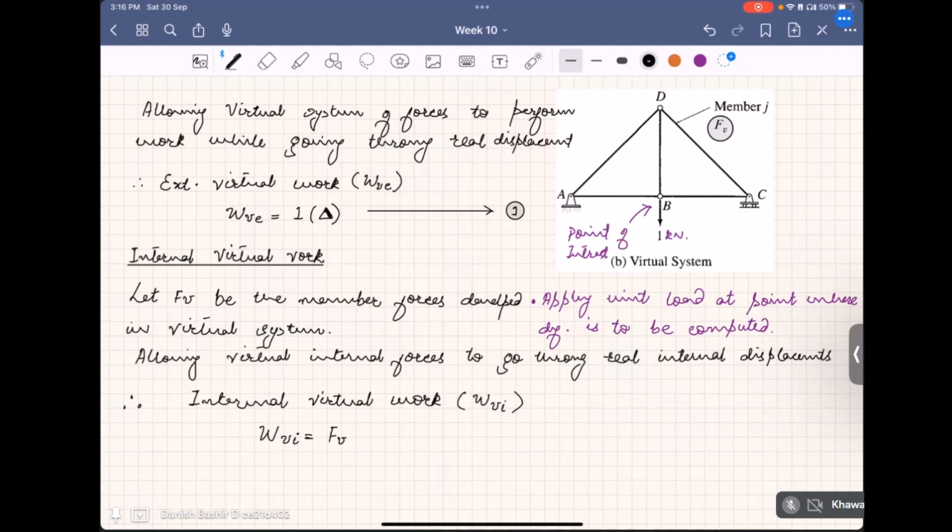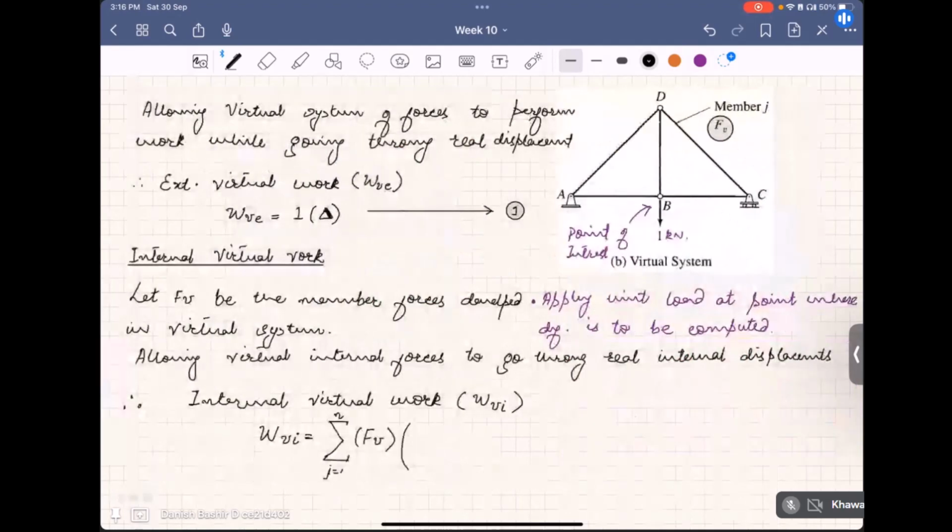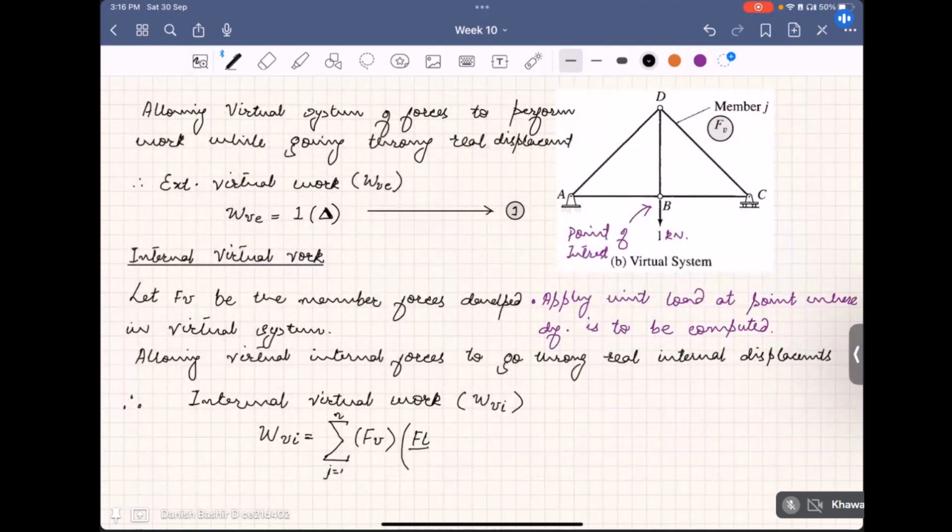One more thing, I have to add a summation here because we were talking about only one member J. If we take the whole configuration into the system, we take summation with J running from member 1 to the total number of members n. So it will be the internal virtual force FV times the deflection caused, FL by AE. Let's call this equation 2.